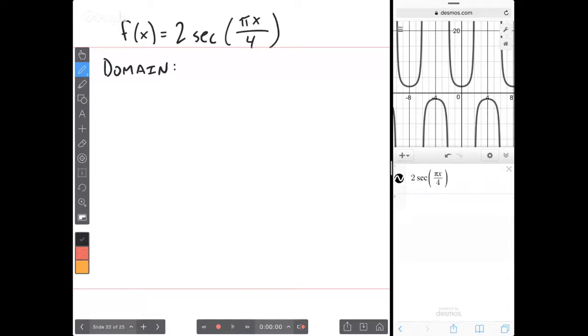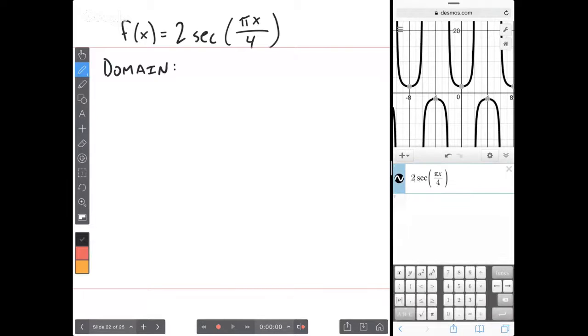I was doing an arbitrary secant function, like you might have on your test. That's why. Is that okay? Okay, I won't change it. No amplitude change. Better?